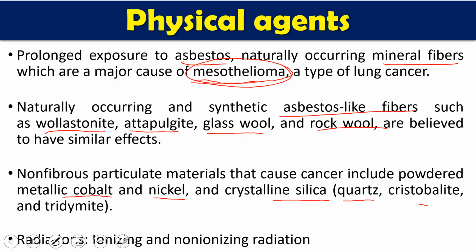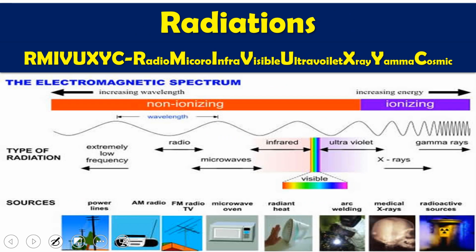The major physical agent is radiation. We have two types of radiation: either ionizing or non-ionizing radiation. Radiations you can remember by the mnemonic R M I V U X G C. R means radio, M means micro, I means infrared, V means visible, U means ultraviolet, X means X-ray, G means gamma, and C means cosmic.